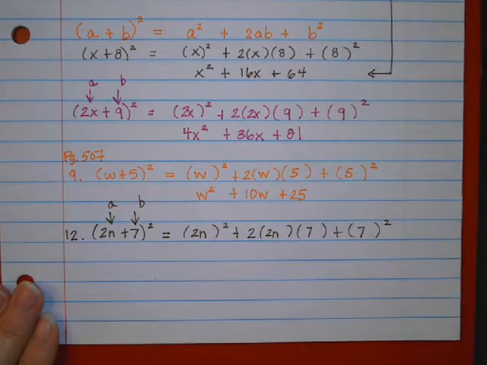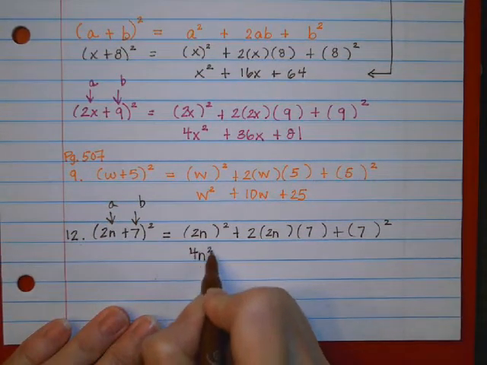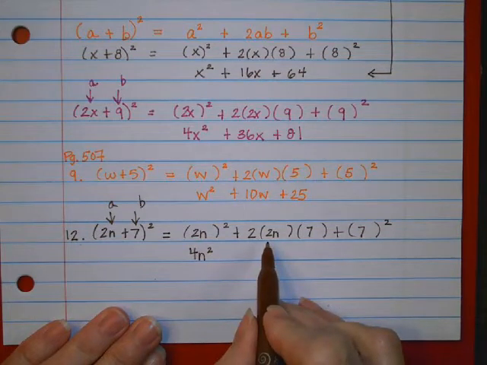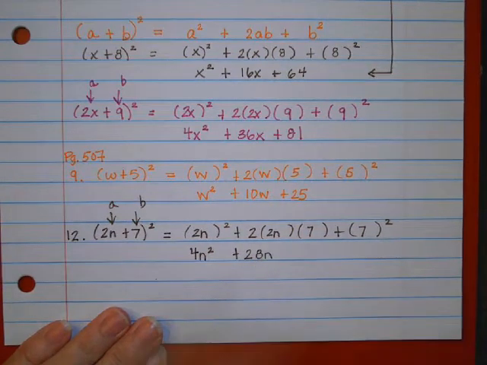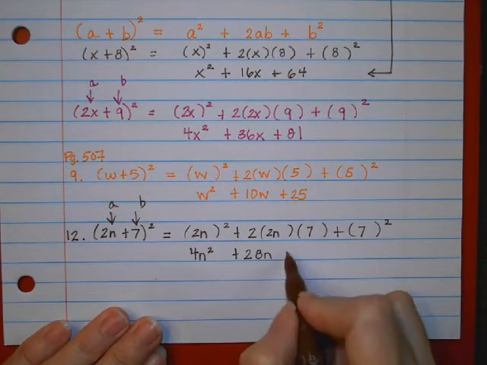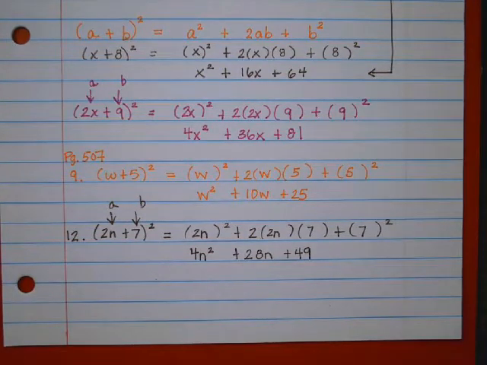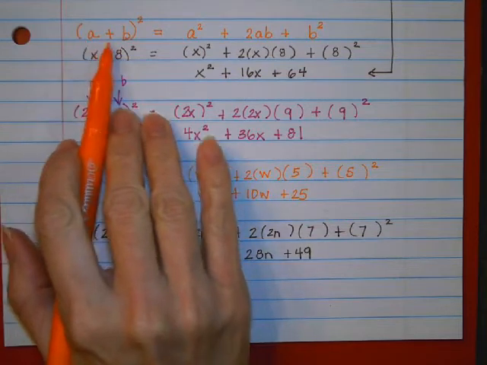So we're going to square: 2n times 2n is 4n squared. Then 2 times 2 is 4. 4 times 7 is a positive 28n. And then 7 times 7 is 49. Final answer.